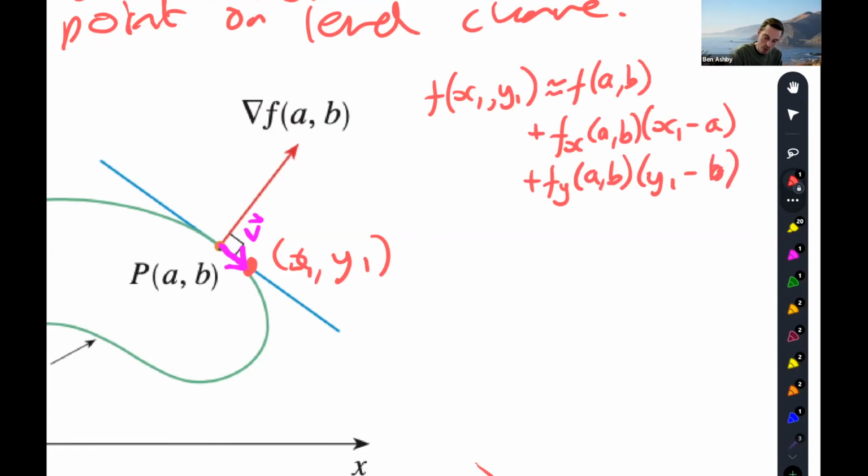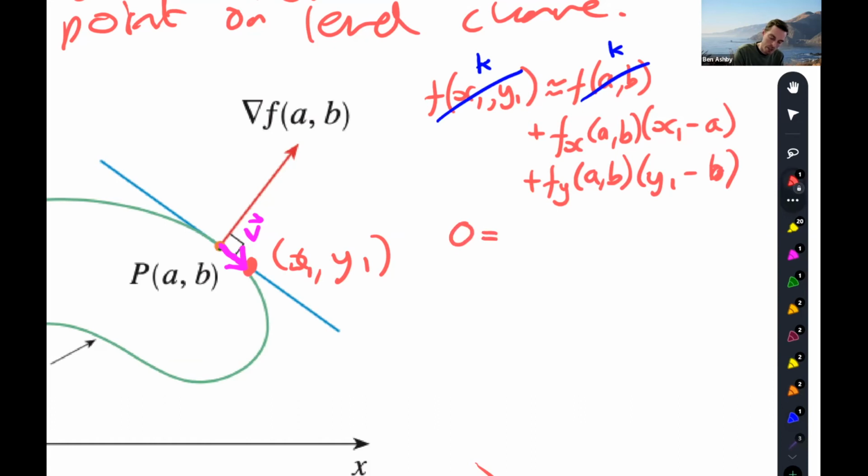And because we're taking these points (a, b) and (x1, y1) on our level curve, these function values being the same, and because we can choose an arbitrary point as close as we want, we can turn this into an equal sign.